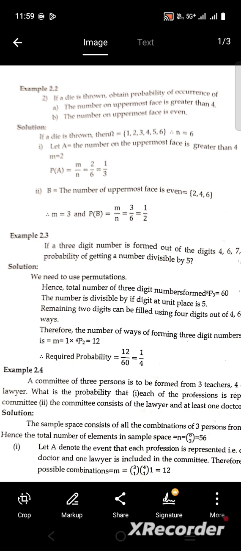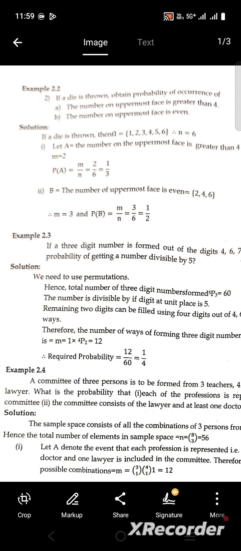The sample space consists of all combinations of 3 persons from 8 persons, and hence the total number of elements in the sample space is n = 8C3 = 56.